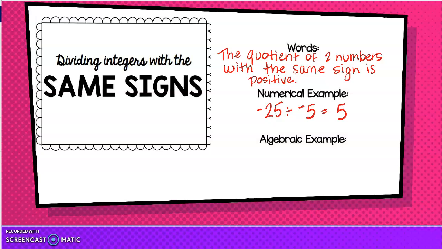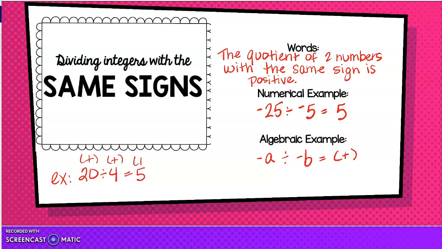The algebraic example would be -a divided by -b will get us a positive answer. And again, don't forget what you've always known. A positive divided by a positive will be a positive. Like 20 divided by 4 will give you 5.